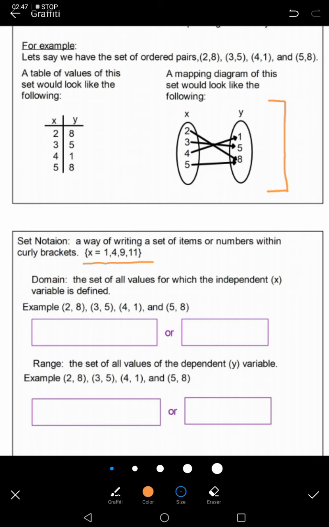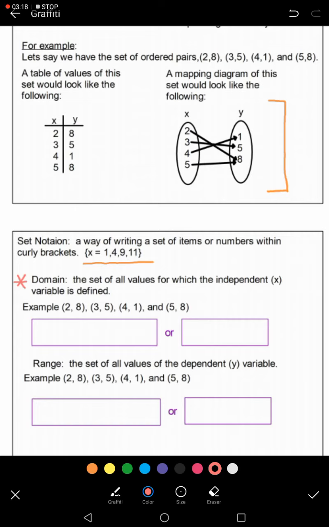Okay, now getting to the root of this lesson and the part that's going to be very important. I'm just going to see if I can find a highlighter here. I don't think so. I'll just underline. So the first thing is domain. Okay, so domain is the set of all values for which the independent variable, which is x, is defined.